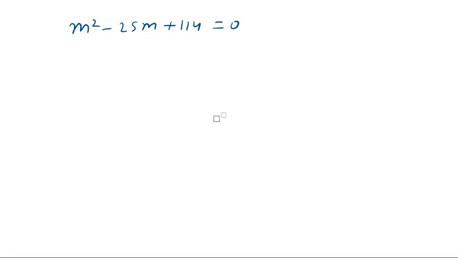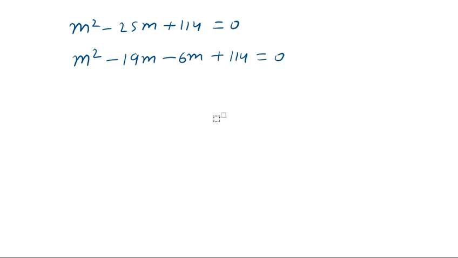This quadratic equation is factorizable. Here we will apply the middle term split. M square minus 25m is the same as minus 19m minus 6m plus 114 and this is equals to 0.